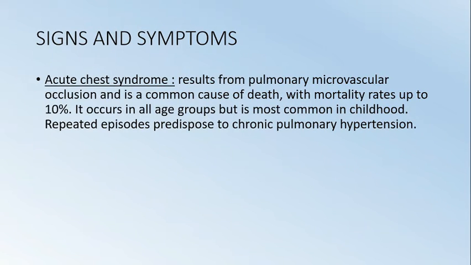Let's see the next signs, and we see here acute chest syndrome is pretty serious. It results from pulmonary microvascular occlusion and is a common cause of death. It is a distinctive manifestation characterized by chest pain, tachypnea, fever, cough, and arterial oxygen desaturation.